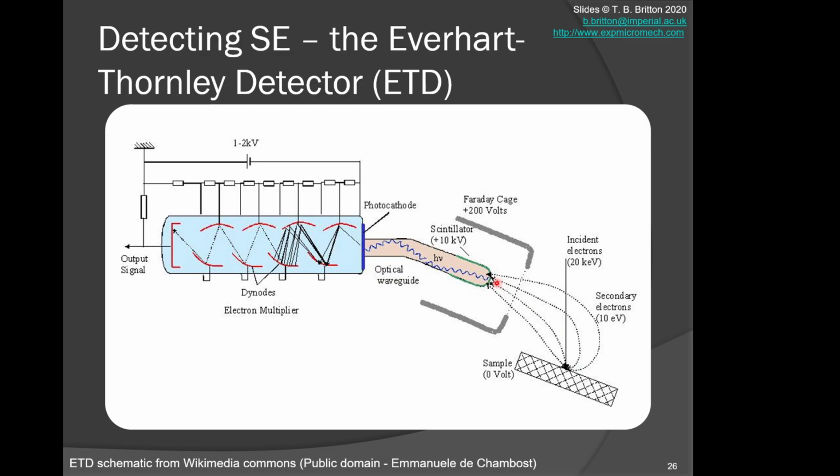You have a scintillator, so you're converting the electrons to produce light. This enables you to then put the light through a photocathode. That photocathode can count the number of photons, and if you have a photomultiplier tube, you can increase the signal to noise for that system, which means you can generate a lot of signal for effectively a few incoming electrons, which means you can count for a very small period of time. If you read the signal and synchronize that with the primary beam, you can therefore generate your secondary electron detector signal.